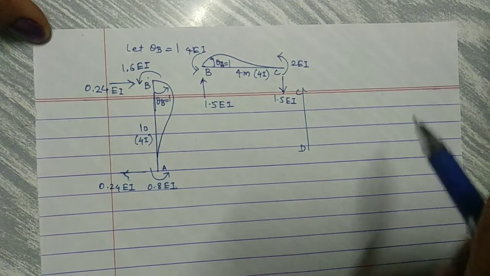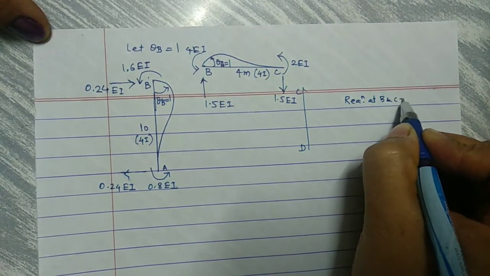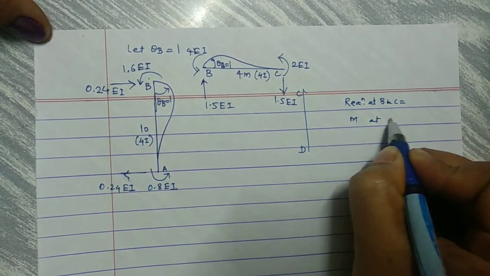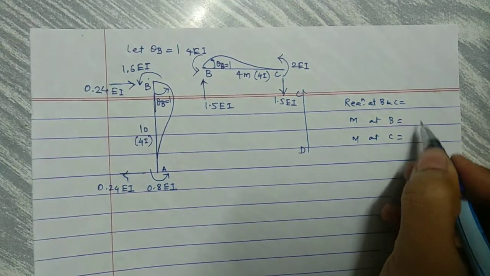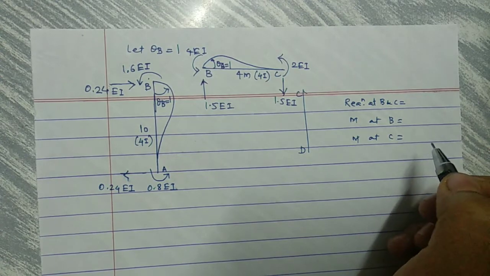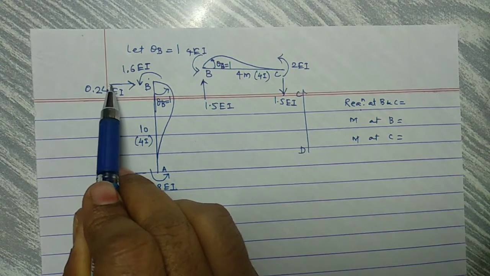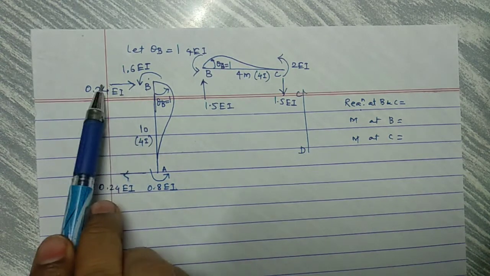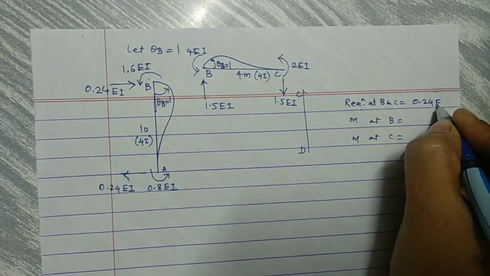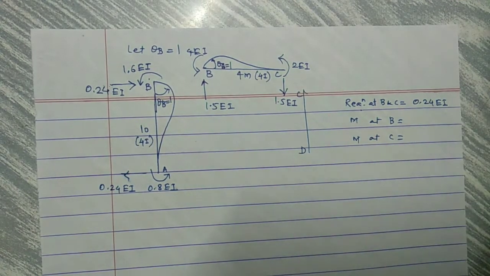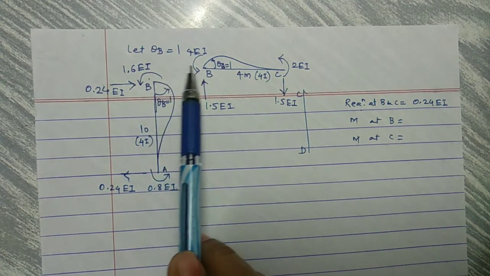Now for this figure we will write the reaction at B and C combinedly, then moment at B and last moment at C. So this will form the second column of K matrix. So reaction at B and C. Here see in this figure, this is the reaction 0.24 EI, so right here 0.24 EI at B. Moment at B, there are two moments, for AB member and BC member.